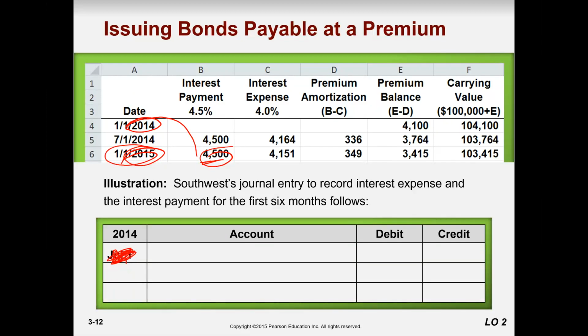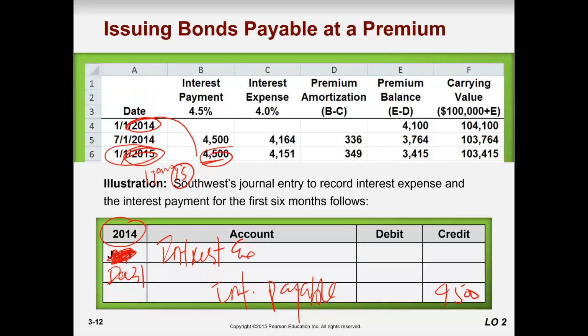So at the end of 2014, December 31st, what will be the entry? Cash decrease? No, we will pay cash the next day on 1st of January 2015. But this expense belongs to 2014. So create liability. So here the interest payable 4500.